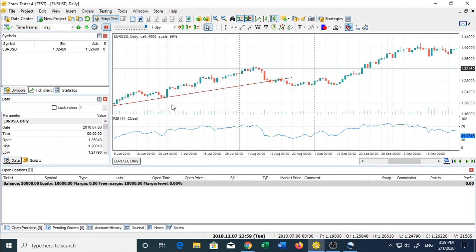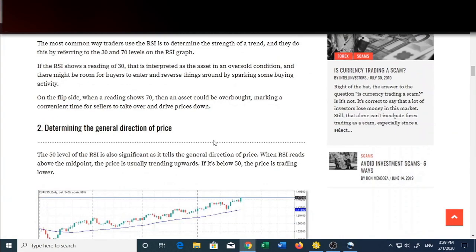Okay, and eventually it did go up even further, but this is just a clear sign the sellers could potentially dethrone the buyers. Okay, so that's the first purpose.